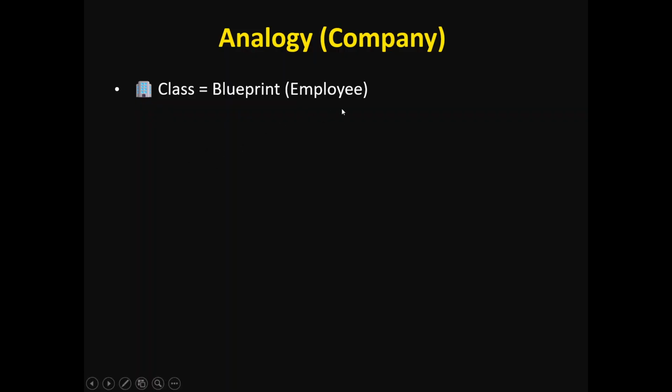Employee is one class, and the class is nothing but a blueprint with which we can create the object. What is the object? We can create an object from the blueprint, from the class. For example, actual employees Sachin, John or Sammy. These are names of the employees. These are the actual employees, whereas the class is just a blueprint.